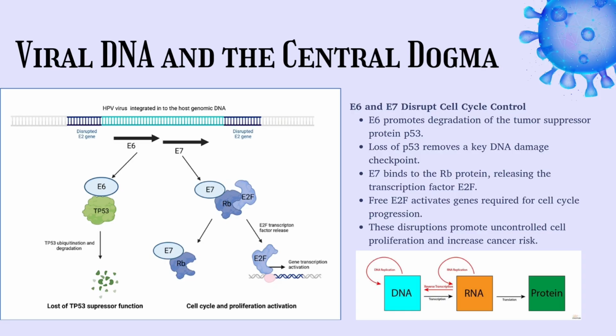Without p53, cells lose an important checkpoint. E7 binds to the RB protein, releasing the transcription factor E2F, which activates genes required for cell cycle progression. Together, these disruptions remove critical regulatory controls, leading to uncontrolled cell proliferation and increasing the risk of cancer development.